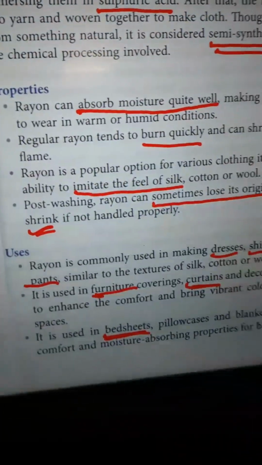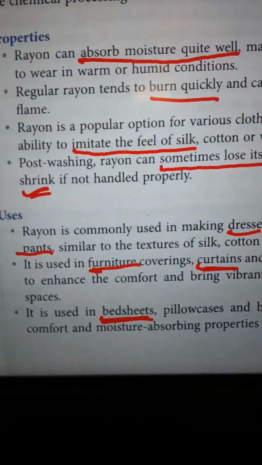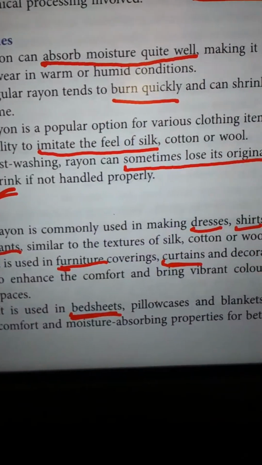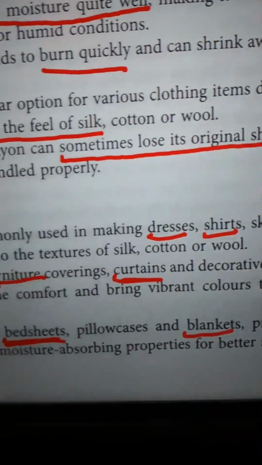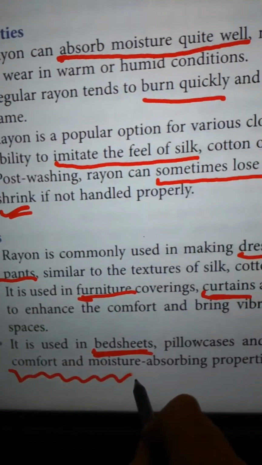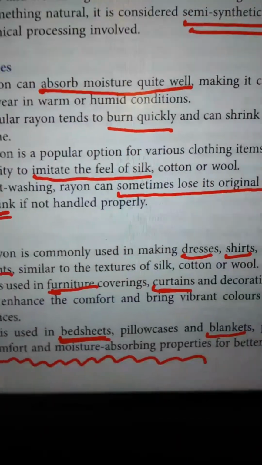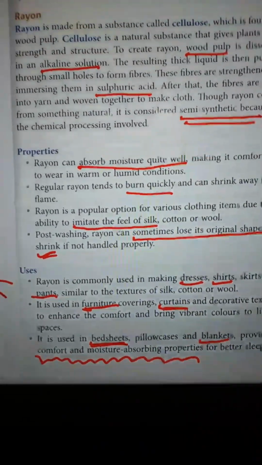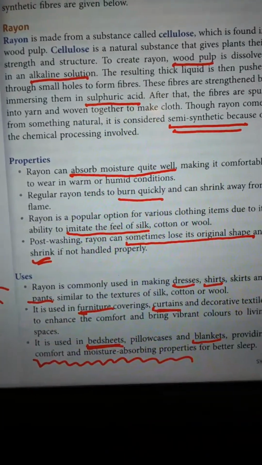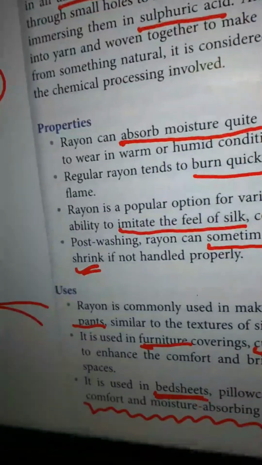Why do you think rayon is used in making bed sheets? Because bed sheets are soft and they absorb moisture. Blankets, it gives comfort and moisture absorbing property. That is the reason why rayon is used for this. So you can see the explanation later on. This will get recorded.